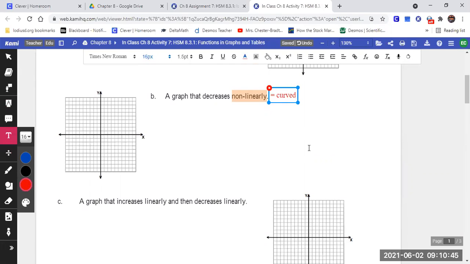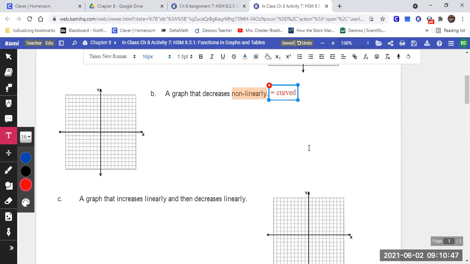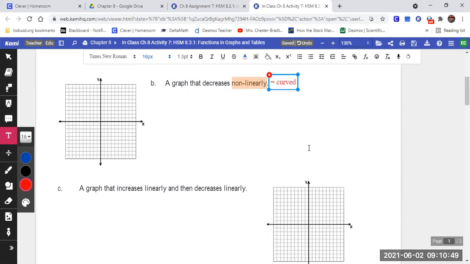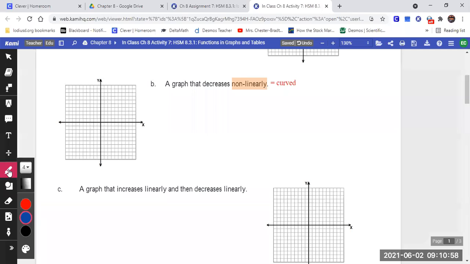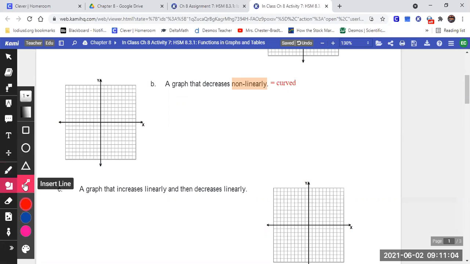Now it has to be decreasing, which means as the x's go up, the y's come down. So you do have to use the drawing tool, because you cannot draw a curve with the line tool. That'll only do straight lines.